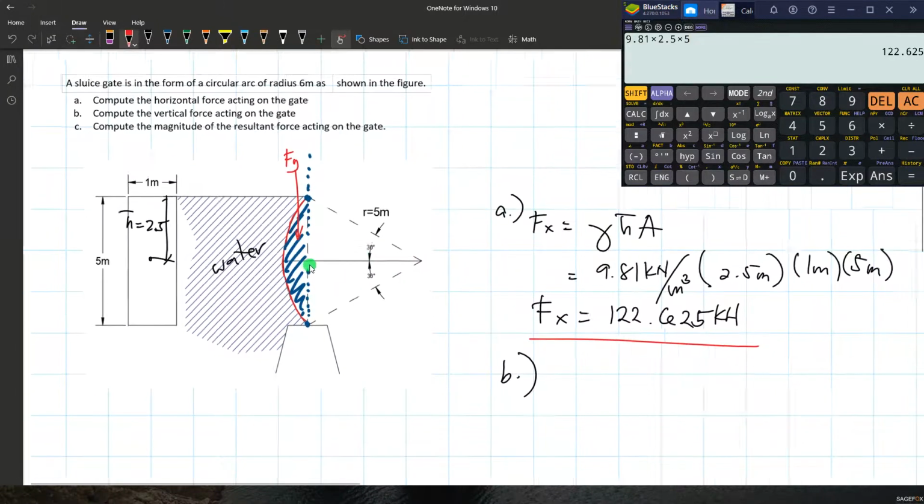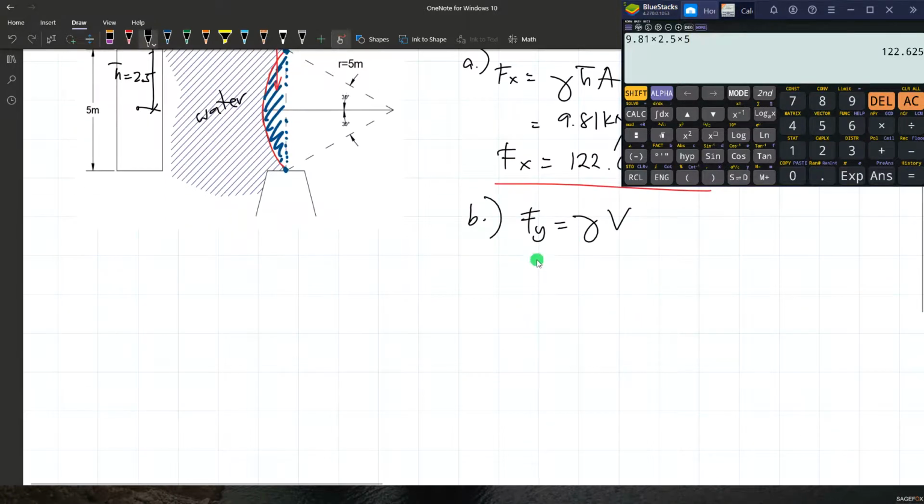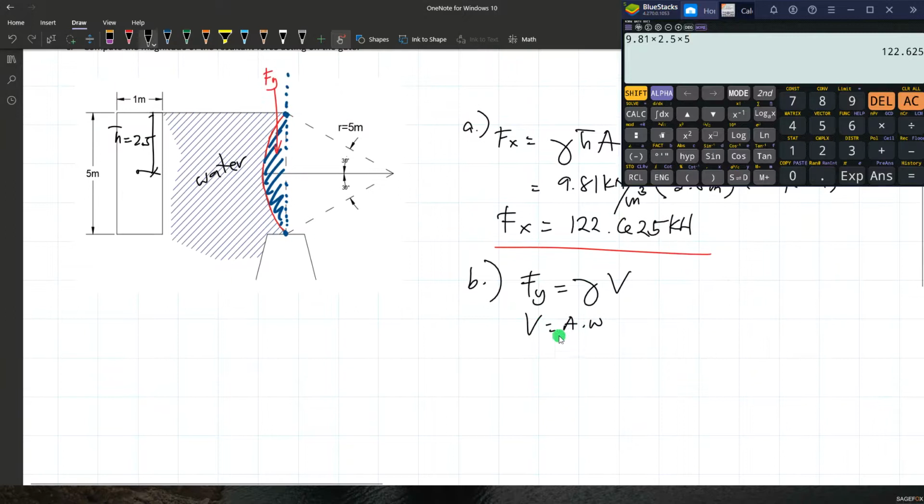So if this is a segment of a circle, we have to determine the area first, then we multiply by the width so that we will be able to determine the volume. So the general solution for the vertical force is unit weight times the volume. We must find first the area, then multiply it by the width, which is 1 meter.